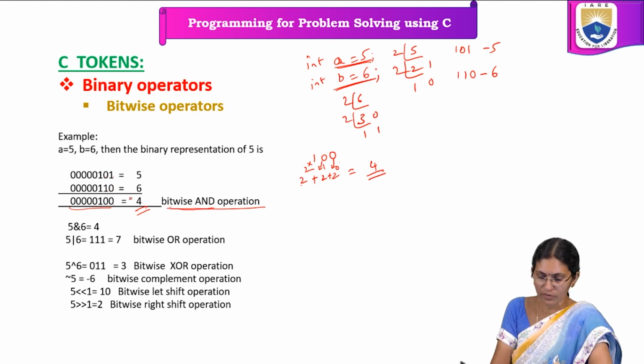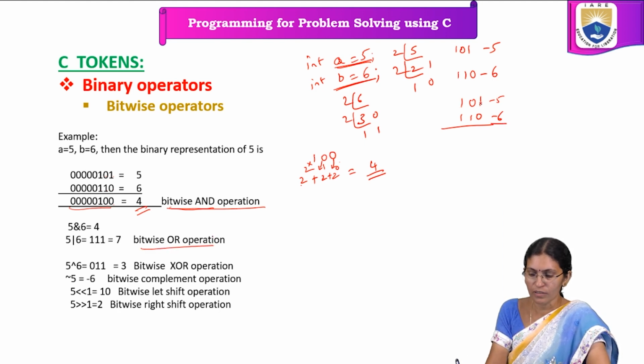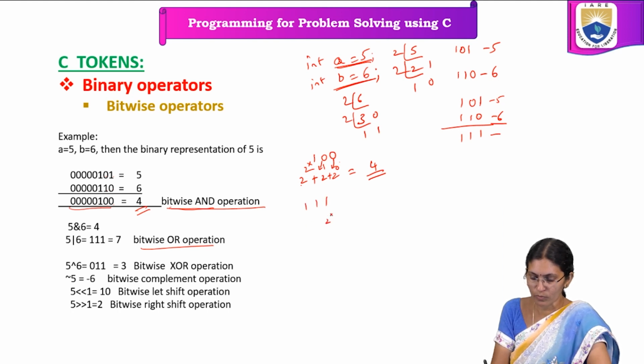Similarly, to perform the bitwise OR operation, 1 0 1 and 1 1 0. In bitwise OR, if you have 1 and 0, the output is 1, 0 and 1 is 1, and 1 and 1 is 1. Convert it to decimal form: 2 power 0, 2 power 1, 2 power 2.